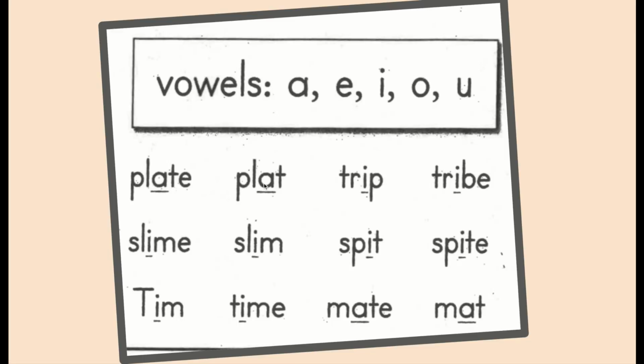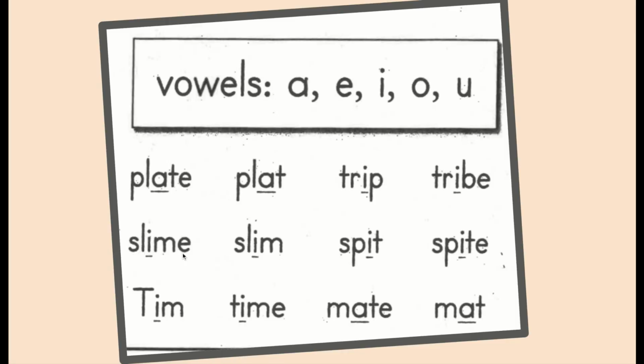No E on the end, the vowel says its sound, A. Plat. No E on the end, the vowel says its sound, I. Trip. E on the end, the vowel says its name, I. Tribe.